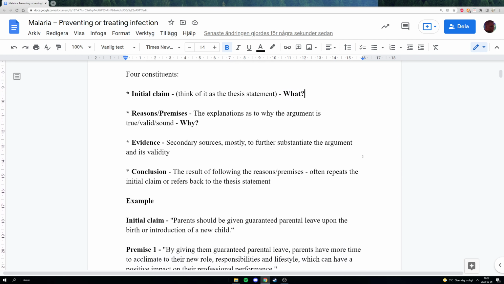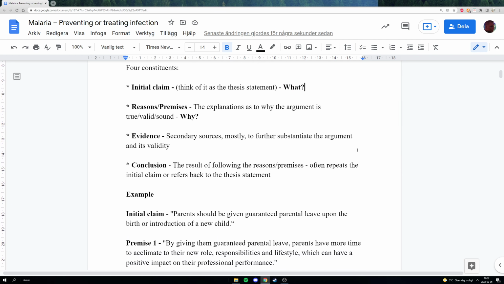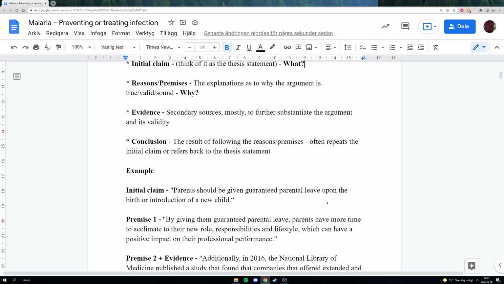Our first premise, which answers the question why, is by giving them guaranteed parental leave, parents have more time to acclimate to their new role, responsibilities, and lifestyle, which can have a positive impact on their professional performance. So there we've given the first answer to the question, why do we think the way that we do?